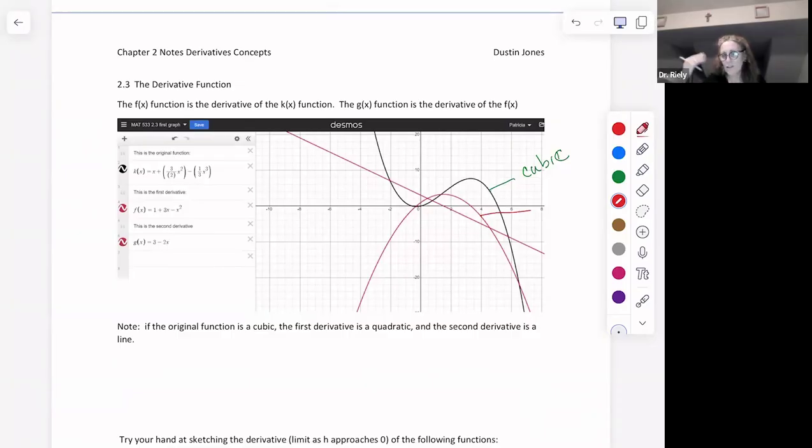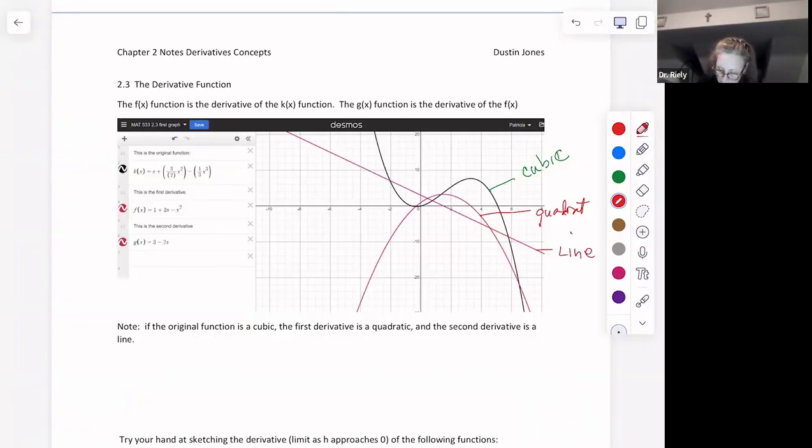So it won't be x cubed, it will be x squared, a quadratic. And then your next derivative will be one step down from a quadratic, which will be a line. I think that's always kind of a cool thing.